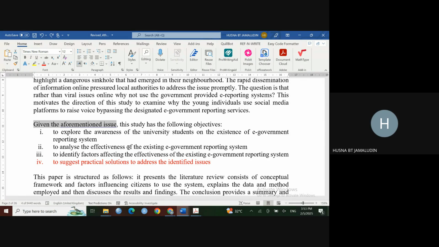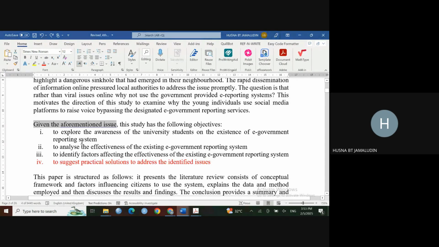Sometimes people talk about issues and then suddenly mention this study has the following objectives, so there is no connection. That's why I put given the aforementioned issues, so here are our objectives. Sometimes from one paragraph to another you need a sentence to join them.